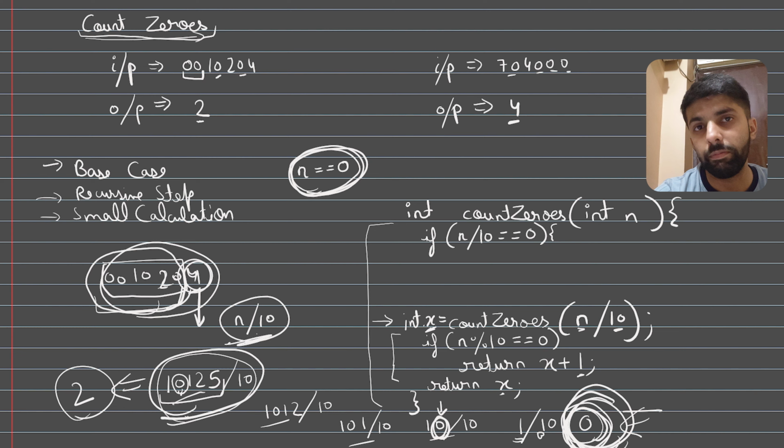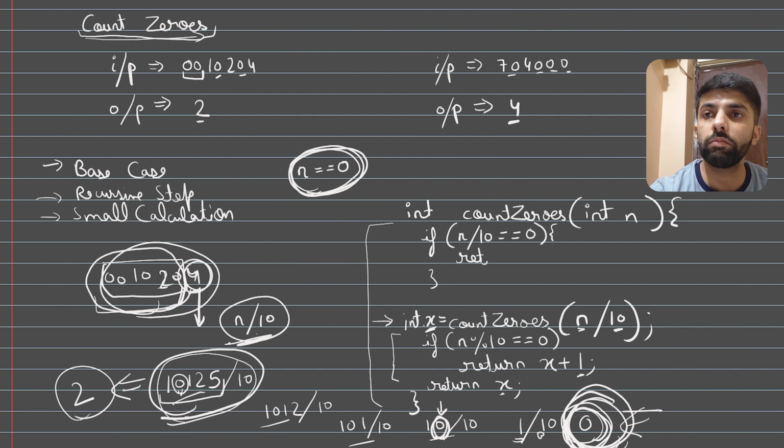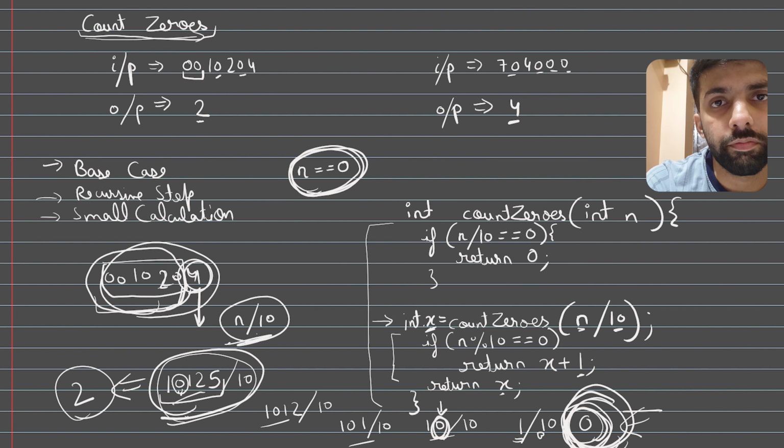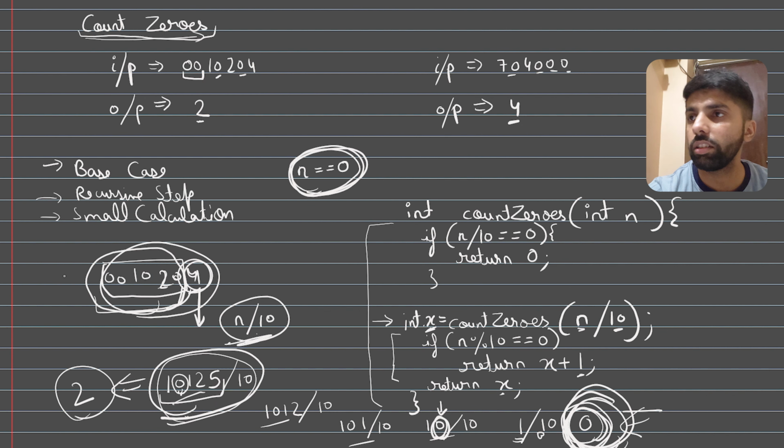I need to check it. So if n divided by 10 is equal to 0, return 0. Because from the last digit, if I have 1 0 2 4, I can return from here only. I don't need to go further.